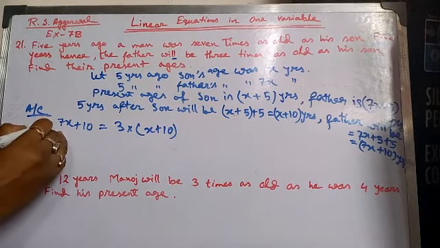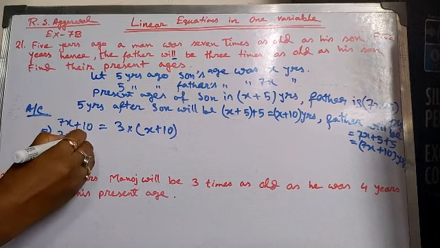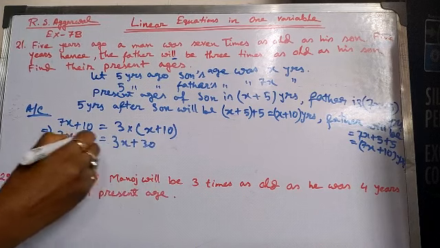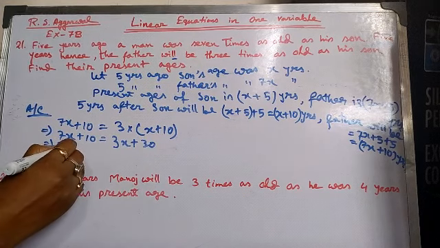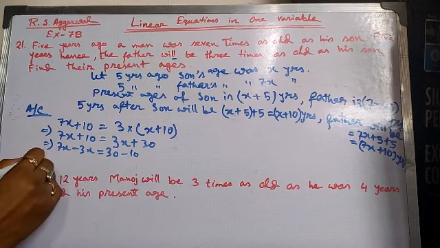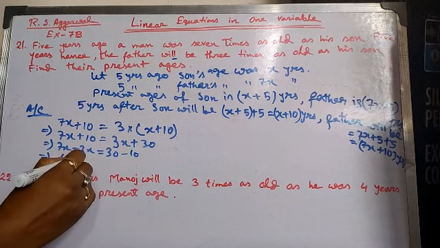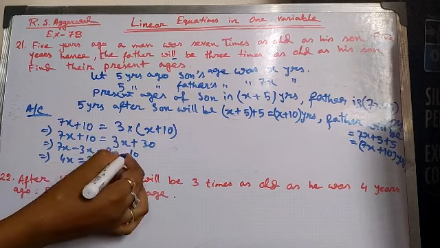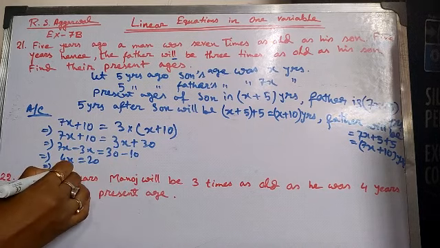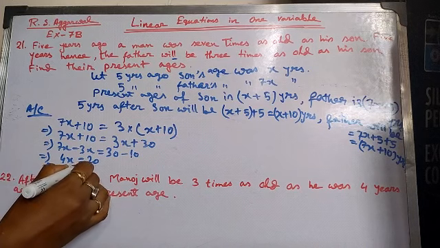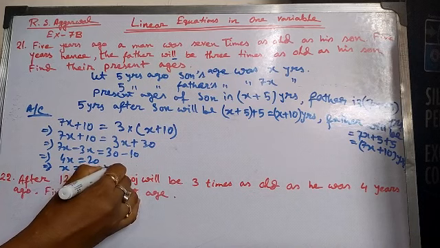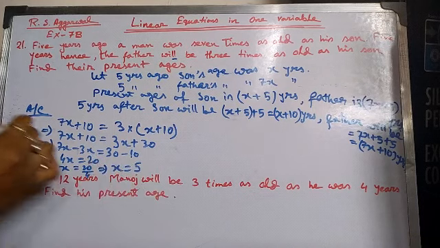Now we have to solve it. 7x plus 10 equal to 3x plus 30, that means 7x minus 3x equal to 30 minus 10, implies 4x equal to 20. Then x equal to 20 by 4, that means x equal to 5.